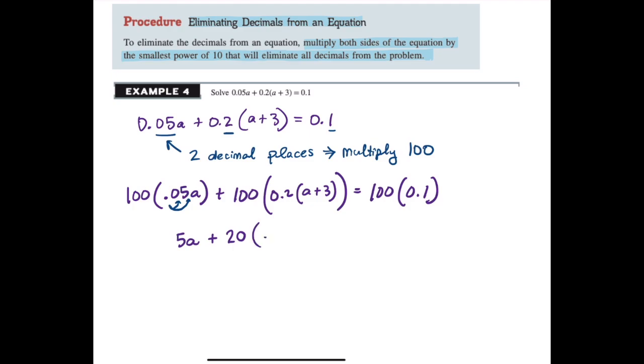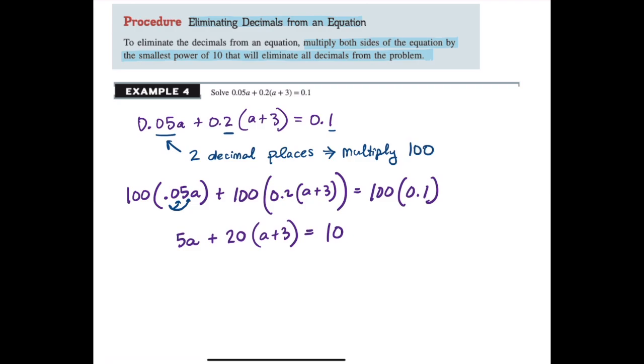And we still have the a plus 3. And same deal here, we have 100 times 0.1. That's going to turn it into a 10. Technically, there's an infinite number of zeros behind 0.1, so we're moving this over 2 spaces, and we get 10.